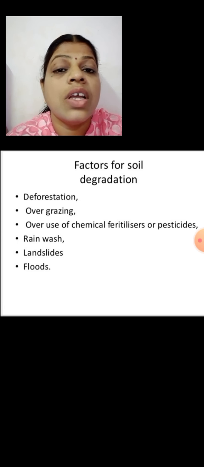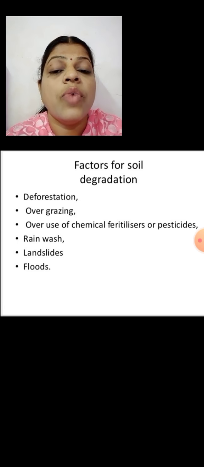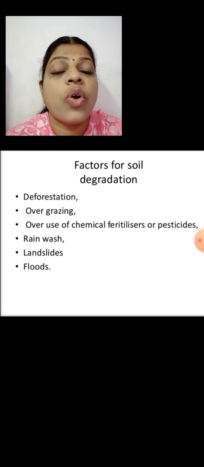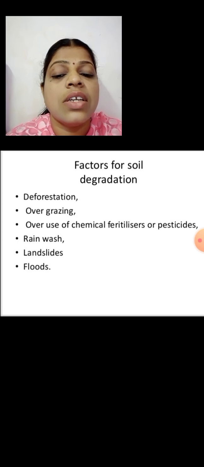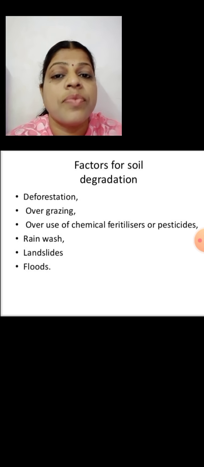It reduces the longevity of our lifespan. So we have to use more and more organic fertilizers instead of these artificial chemicals. Then rain wash, landslides, floods, you would have heard about these, isn't it? These are all the factors responsible for soil degradation.